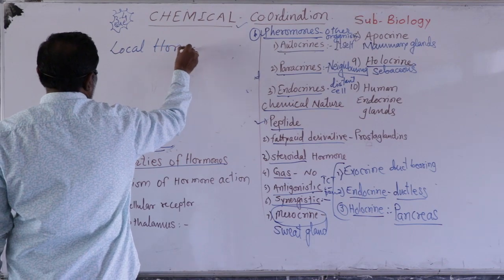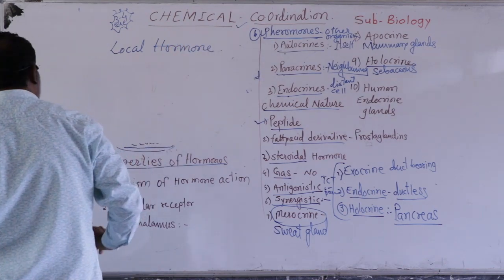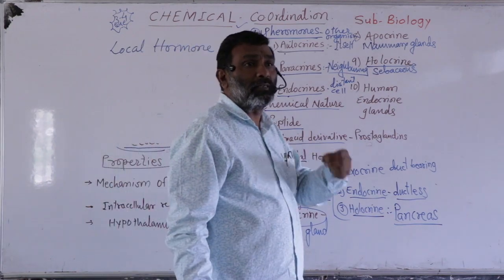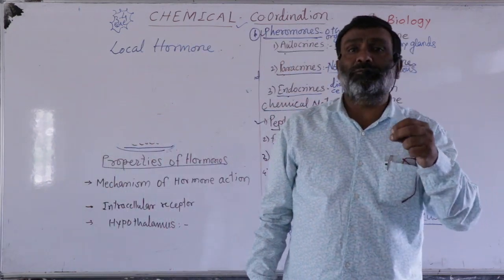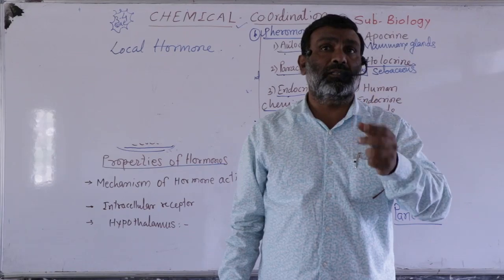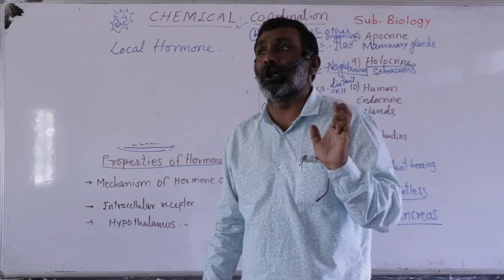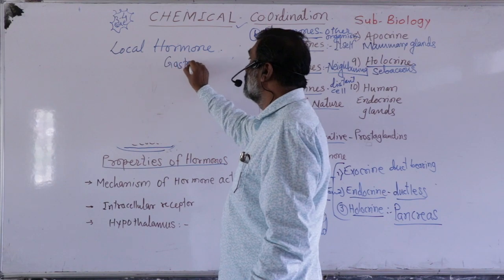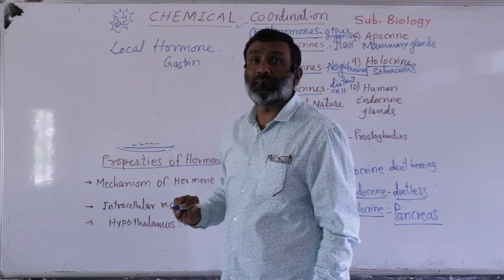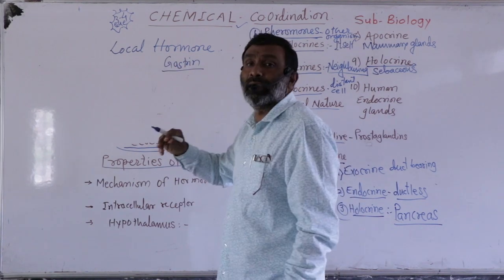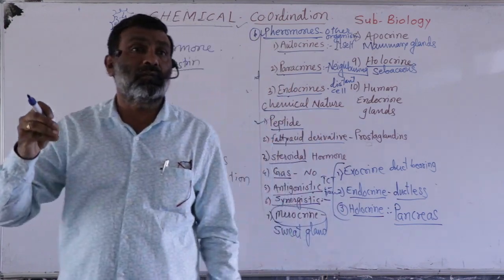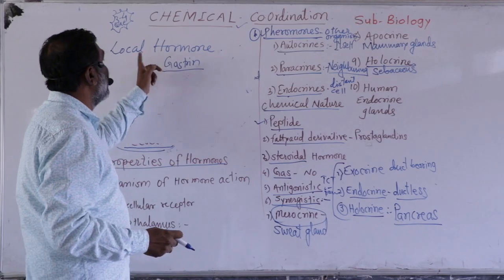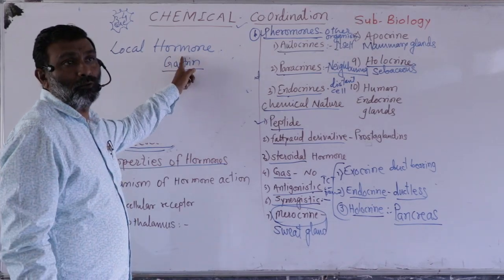A local hormone is a hormone which is secreted in a part and remains in that part. Its action is also in that part. For example, the hormone gastrin is secreted in the stomach and its action is also in the stomach. Such hormones are called local hormones.